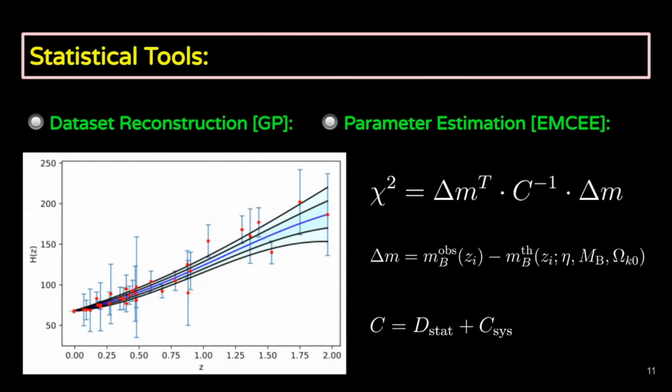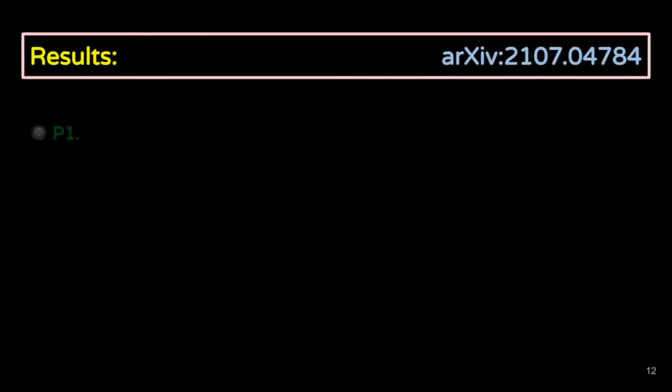Our aim is to put constraints on M_B and Omega_k0, and, as I explained, to check the variation of M_B with respect to redshift. Therefore we consider four different parameterizations of M_B.